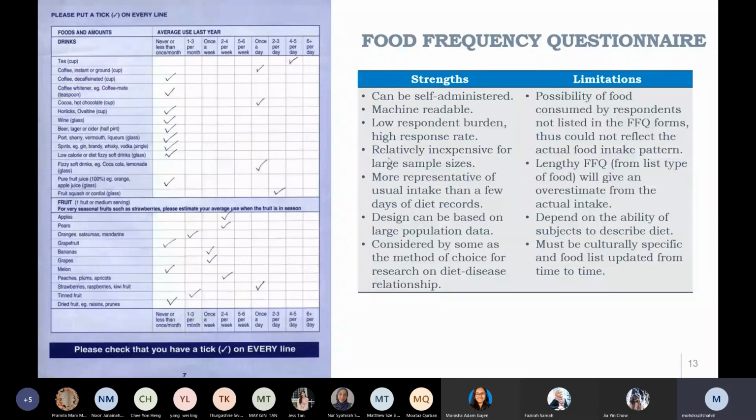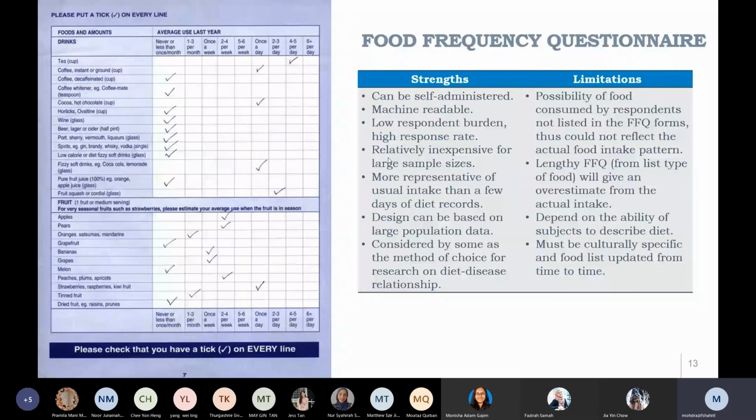Another limitation is that the FFQ will be very lengthy. Earlier, I said that FFQs in Malaysia range from 160 food items to 250 food items, and a lengthy FFQ will actually give an overestimate of the actual intakes, because the respondents might get excited to tick all the foods that we have listed.